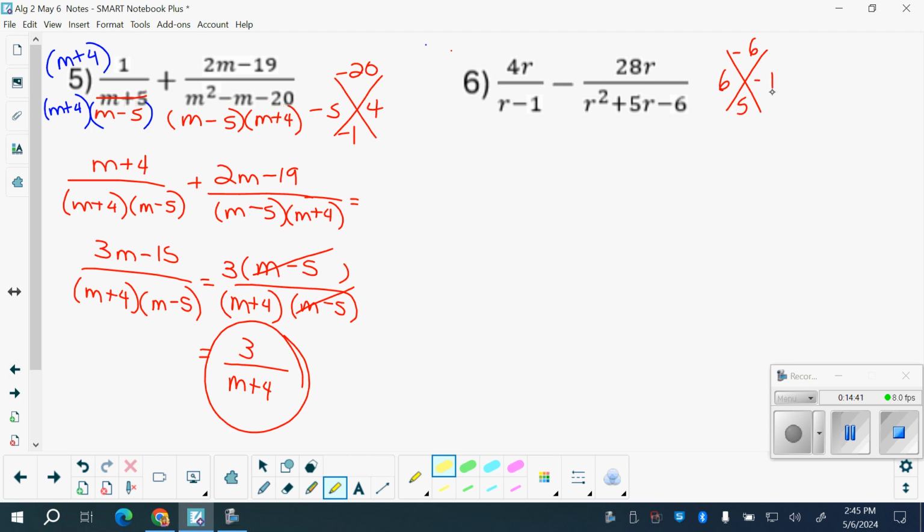So frequently on that 6, sometimes the students will say a negative 2 and a negative 3. That won't work because that gives you positive 6 for the product and negative 5 for the sum. So then this is r plus 6 times r minus 1. And then what is in this denominator that's not in this one? Trace, you tell me. What's here that's not there? Yep, r plus 6. So we're going to multiply that numerator and denominator by r plus 6.